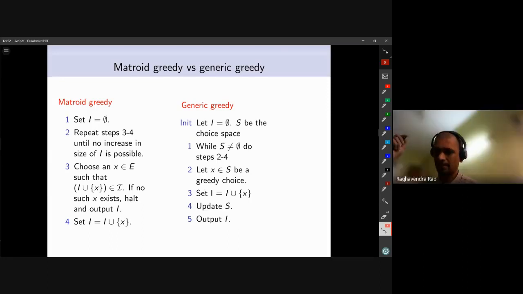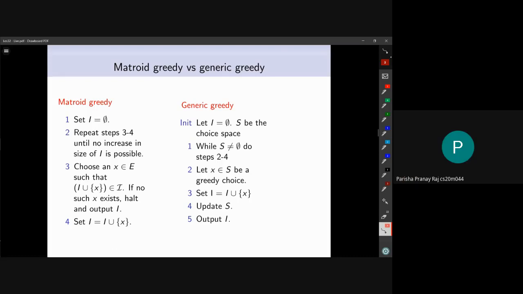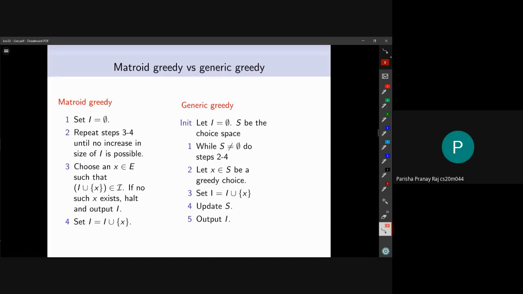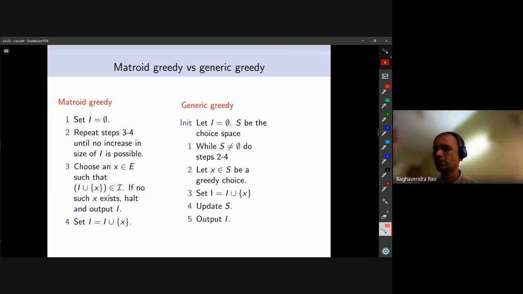If it were the solution space, you would not be picking an X from it.